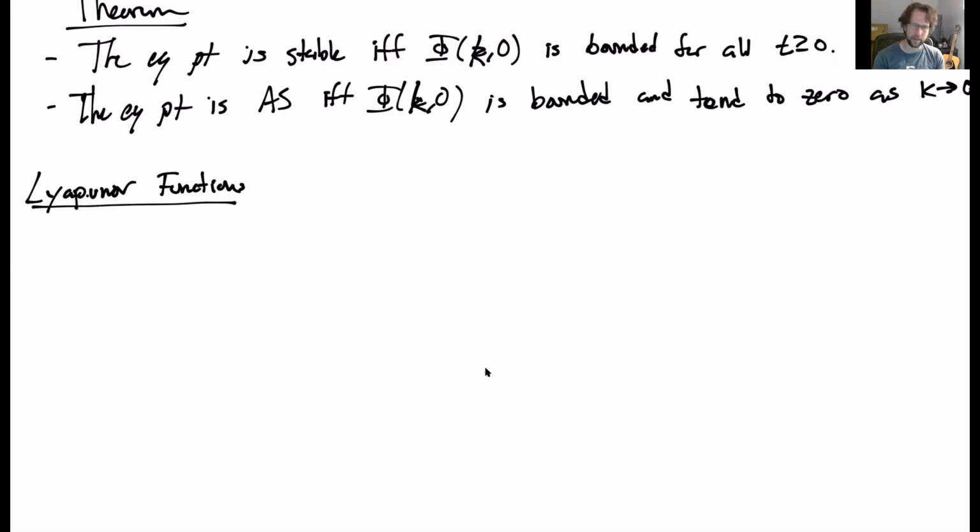It can be kind of tricky because you may have to craft the function. To do that, it's always best to start with a quadratic function if you can. That tends to be the best starting place. But so for a Lyapunov function, we want to look at the case. Let's say we want to look at the case of 0. This can be generalized, but we can say we want to look at 0 being an equilibrium point.